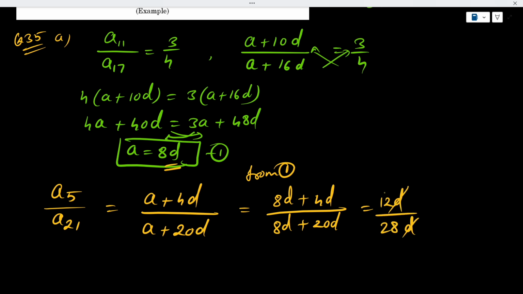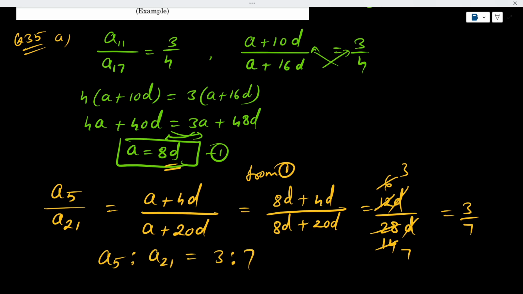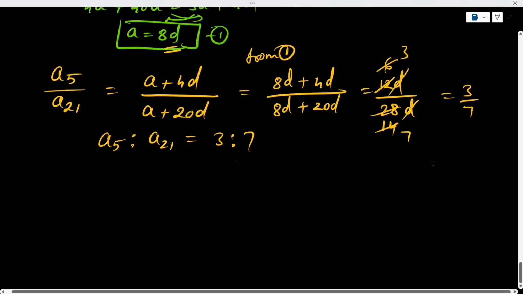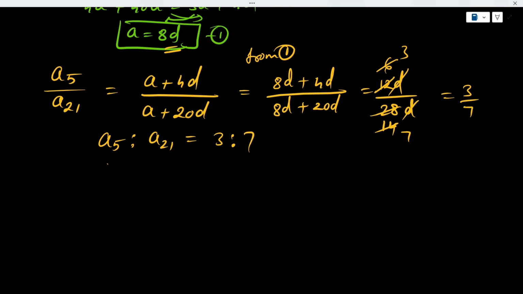So d gets cancelled, it is 3/7. So A5 is to A21 is 3:7, right? Instead of ratio fraction, you can write down in ratio form also. So this is my first finding, we got it.